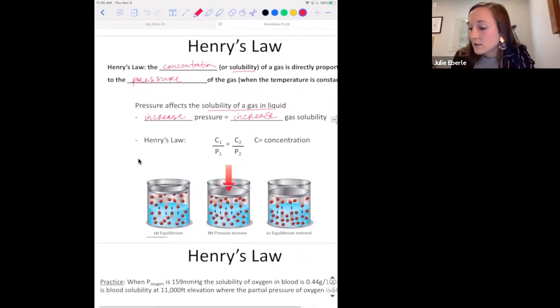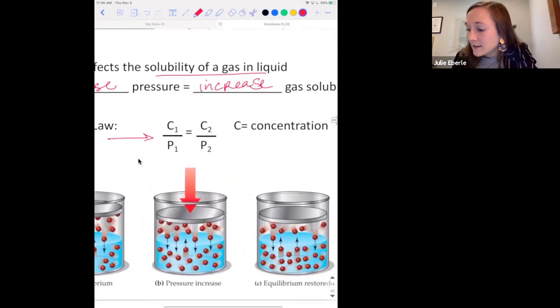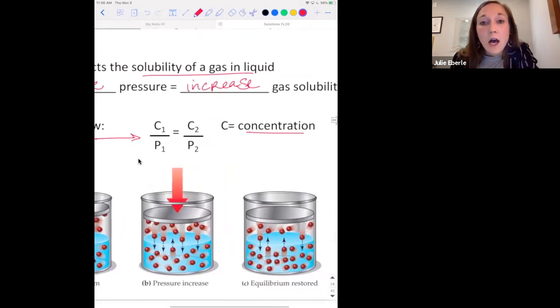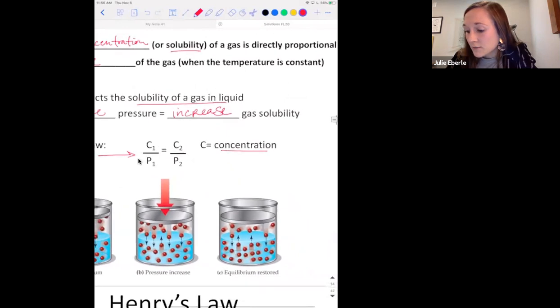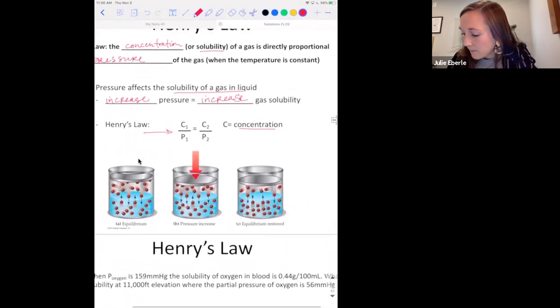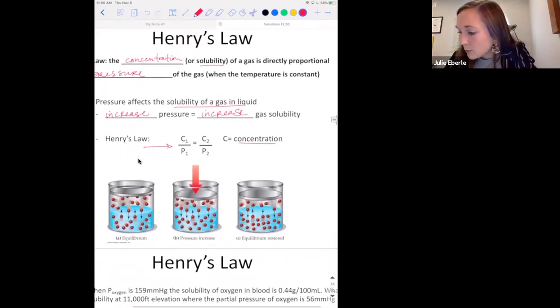So here is the mathematical representation, kind of like Boyle's or Charles's or Gay-Lussac's law. Here's how Henry's law looks. C stands for the concentration of the gas. Now, let me tell you something here. The units for concentration, or solubility, are gram per 100 ml.